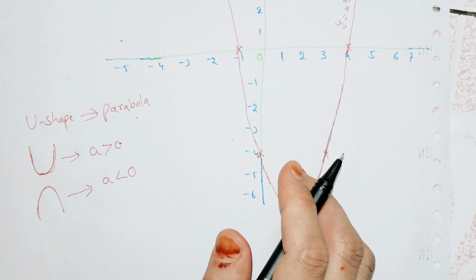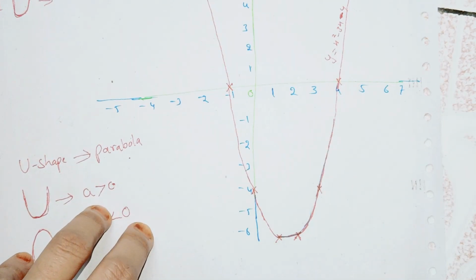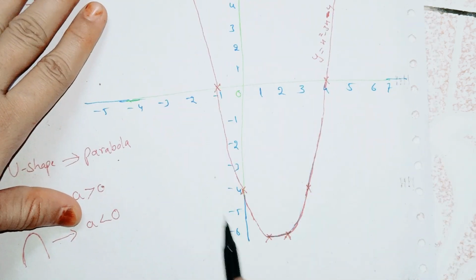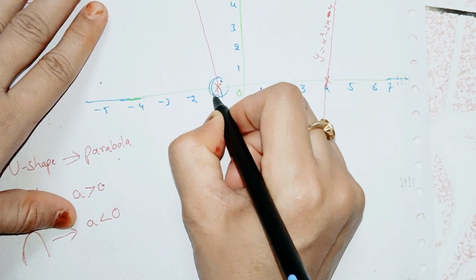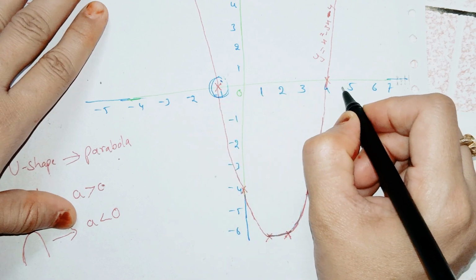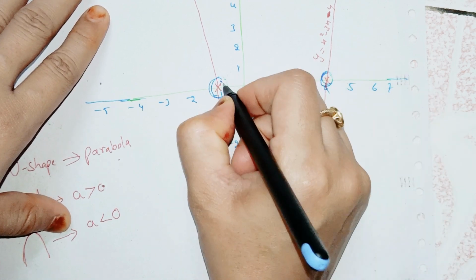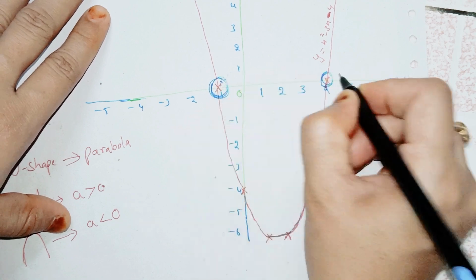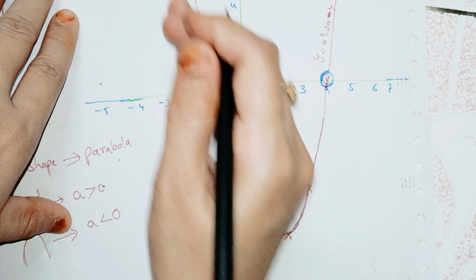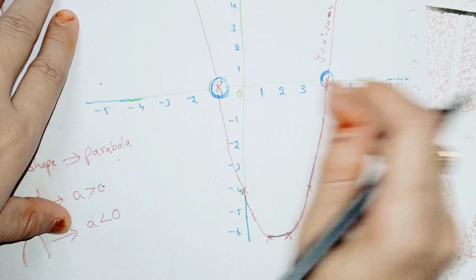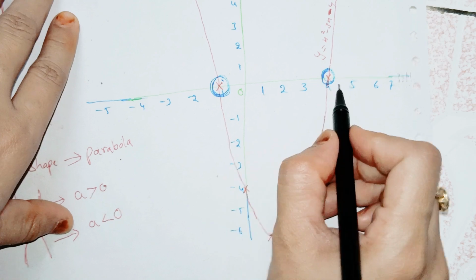Okay, so here, if you observe carefully, this parabola touches at 2 points. It touches at 2 points on the x-axis. So these are the 2 points where the parabola is touching the x-axis. Means this parabola cuts the x-axis at these two x coordinates.